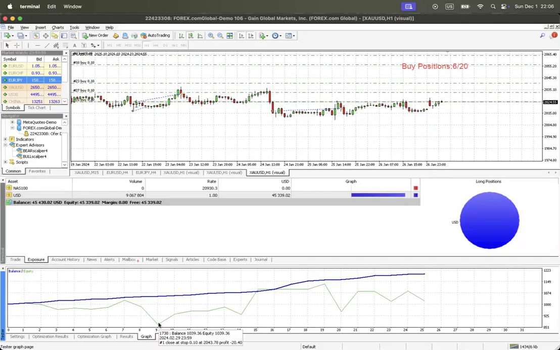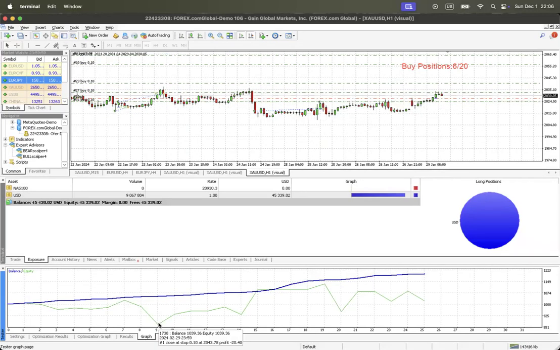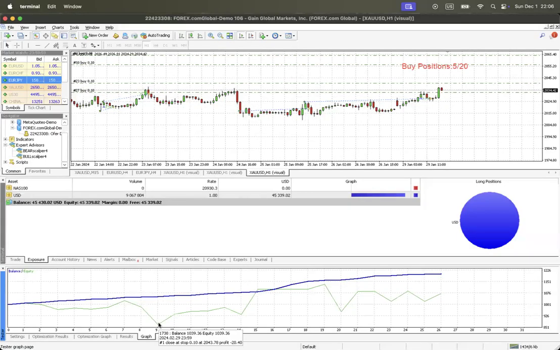So let's say here the drawdown could have been a bit.